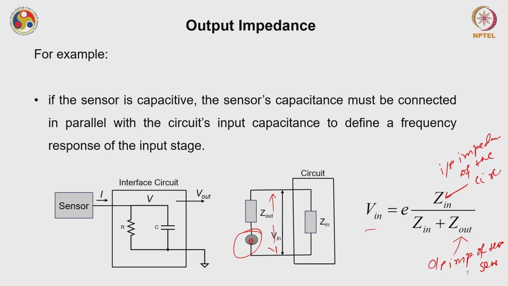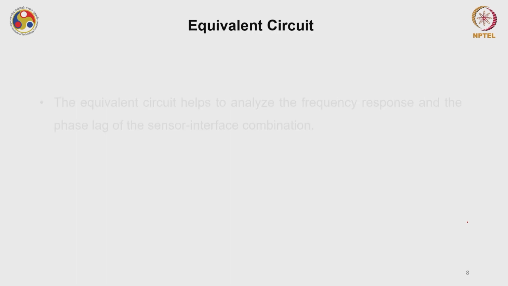So do not get confused between Z in and Z out, because we are going to use this terminology over these 5 lectures. Z in is the input impedance of the circuit, while Z out is the output impedance of the sensor.